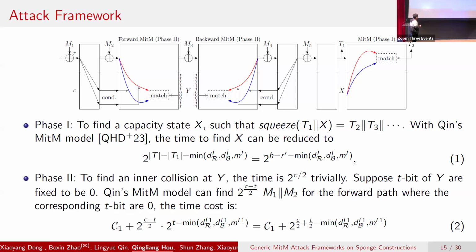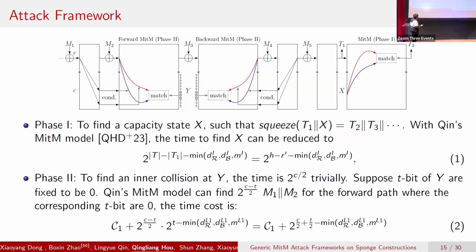The attack framework in our paper consists of two phases. In phase 1, we start at the capacity at the first stage, and we use Qin's model to find a capacity X satisfying the remaining H minus R prime digit bits.